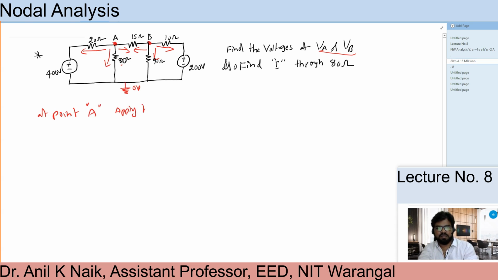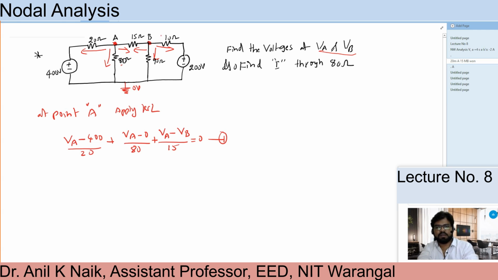What are you going to get? You take this branch: VA minus 400 by 20 plus VA minus 0 by 80 plus VA minus VB by 15 ohms equal to 0. This is one equation we are getting.